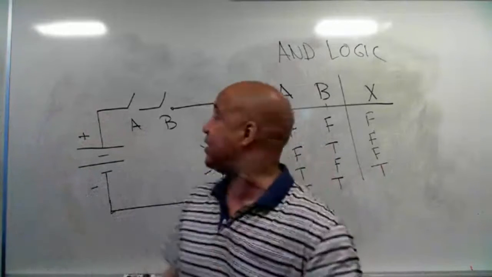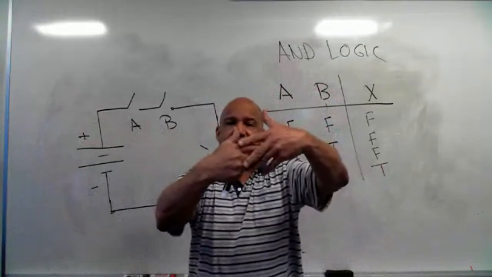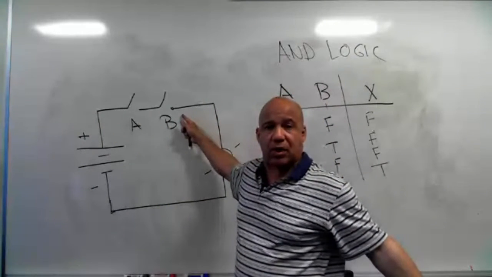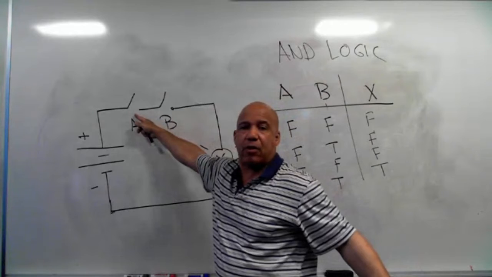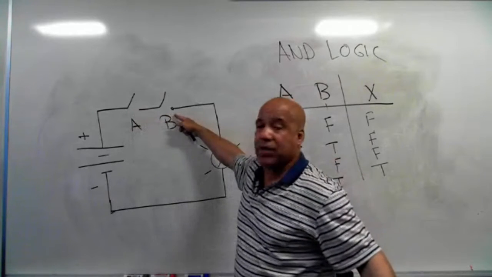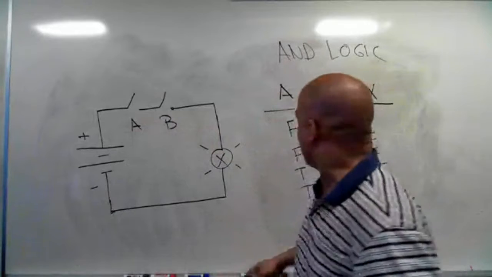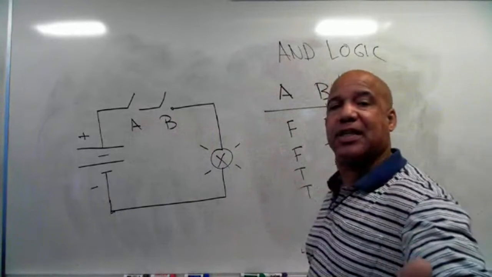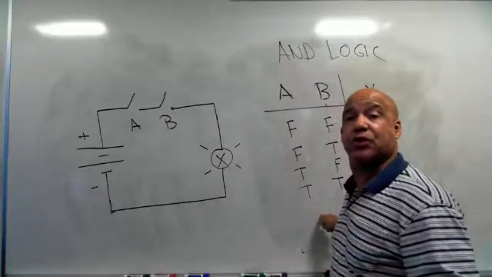So they have a tiny micro switch in your ignition system, where you put the key, and they have another one on the door that turns the interior light off and on. If the ignition switch is closed and the door switch is closed, ring a buzzer. You've used this AND logic to make a basic decision. AND logic: the only time I get an output is when both or all input conditions are true.